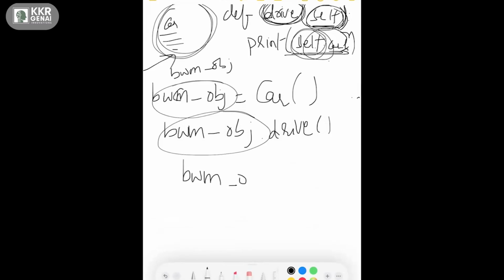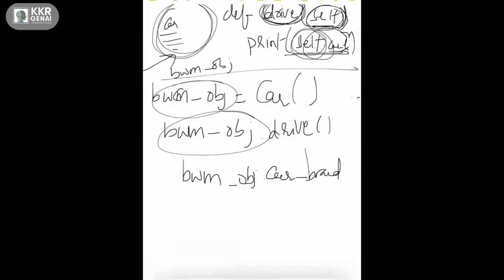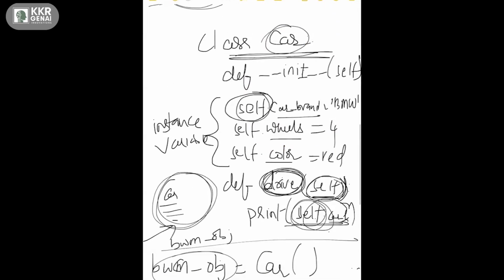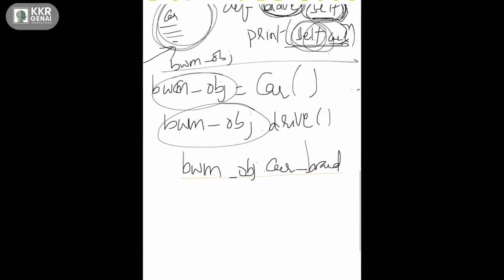Now let's say I want to access car underscore brand. How can I access that outside of the class? If you access it inside the class, in any of the methods, you need to use self. Outside of the class, you need to use the object reference. That's a brief introduction to instance variables.